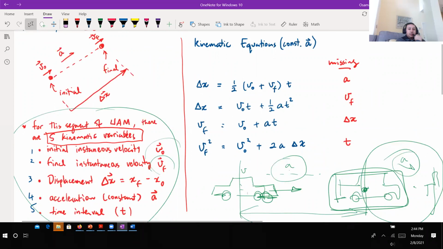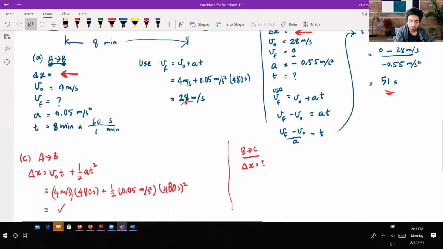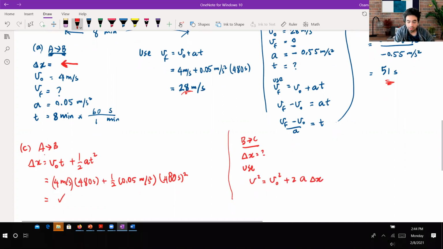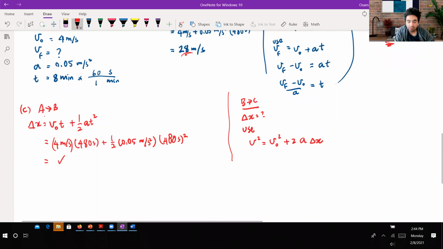Which equation can I use to find the displacement? The last one, because it doesn't have the time in it. So I use the last one to find the displacement, but I need to rearrange it to find what the displacement is in terms of the other things.